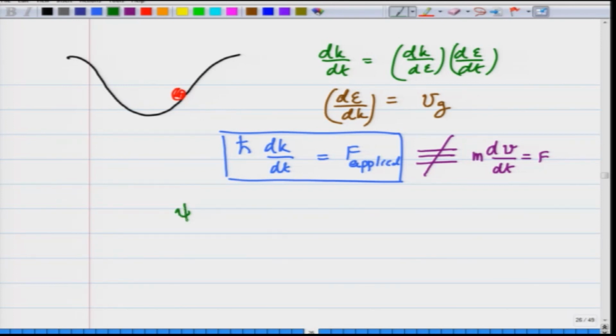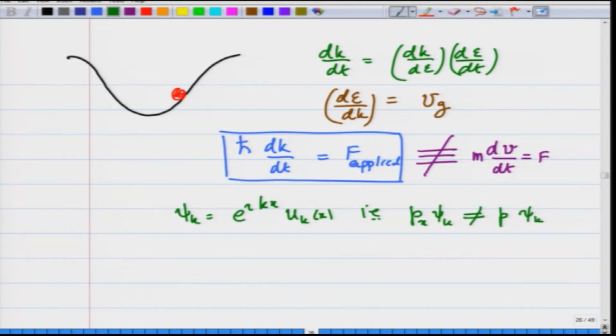Because psi k, which is e raised to i k x u k x, is not a momentum eigenstate, that is p x psi k is not equal to some momentum p times psi k. It is not, and therefore, the two relationships are not equal. What is happening when you apply a force? The k, the wave vector of the particle changes. And when the wave vector changes, it moves in the band.